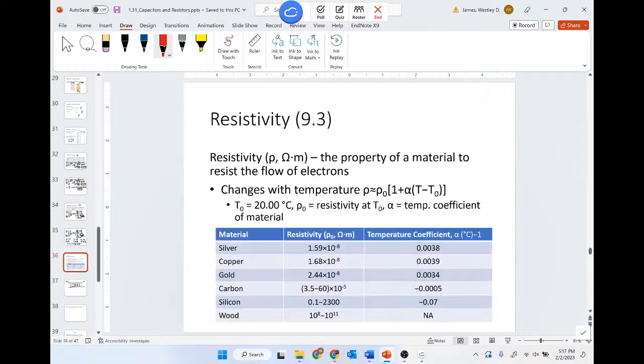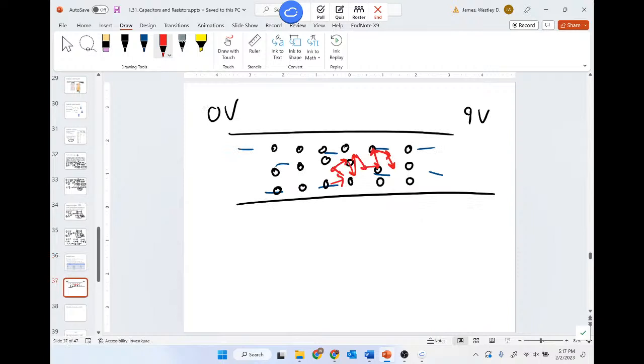Now, in here you notice that resistivity does depend upon the material and temperature. Why does temperature matter? Well, remember, what is temperature? On a fundamental level, if something is hot, what are those atoms doing? They're wiggling around.